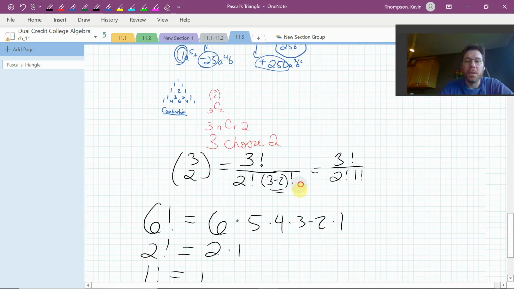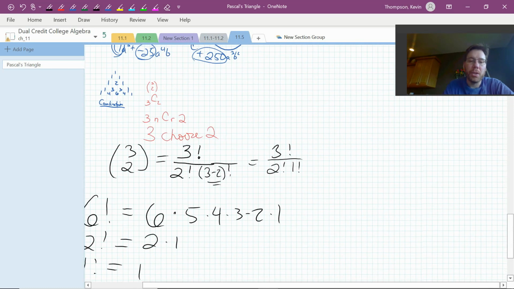So in this problem, 3 choose 2 would be 3 times 2 times 1 over 2 times 1, also over 1. A lot of times with factorials, we can get things to cancel out, and that's why I don't necessarily need a calculator here, but the answer is 3.